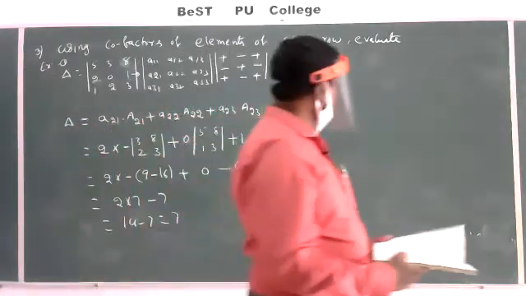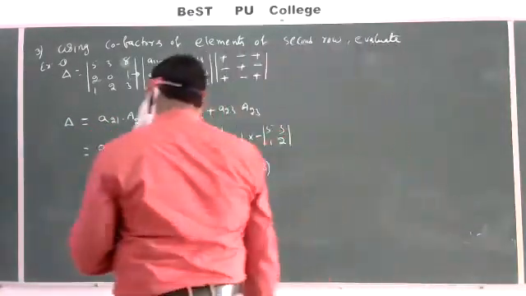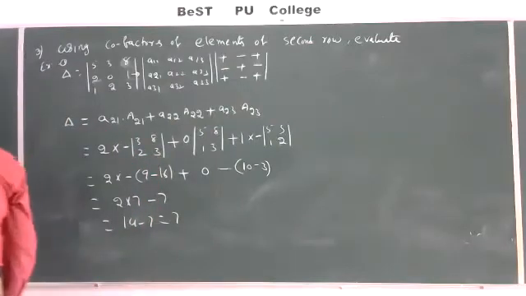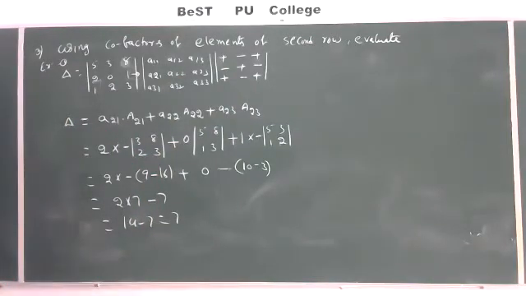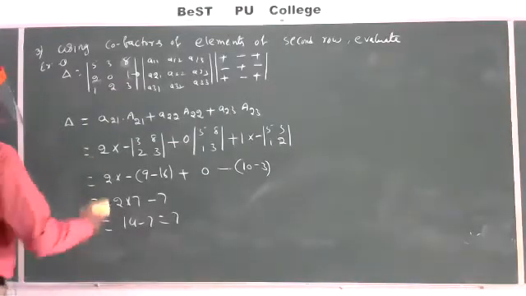Next, note down the fourth problem. Using the cofactors of the elements of third column.